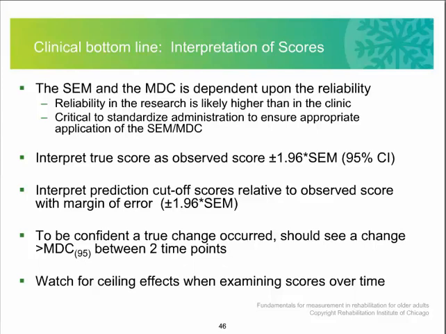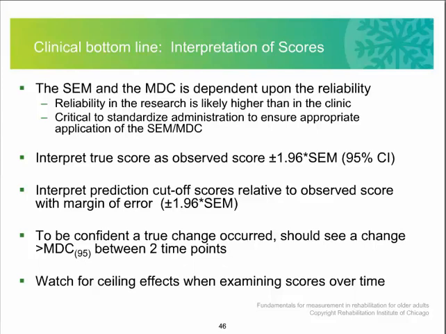In order to appropriately utilize the SEM and MDC, it is critical that clinicians are standardized in the administration of all instruments. The next point is that the score achieved by the patient on an instrument is the observed score. However, the true score will fall within a range of that score.